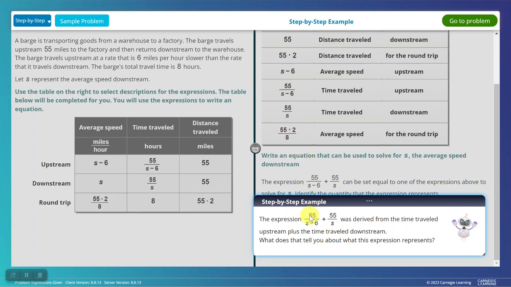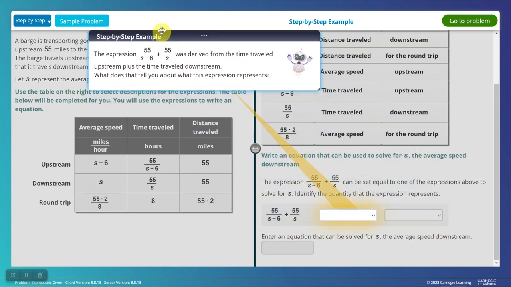So let's move this out of the way for the next part. The expression 55 over s minus 6 plus 55 over s can be set equal to one of the expressions above for s. Identify the quantity that the expression represents. Well, let's look over here. So 55 over s minus 6 is a time.